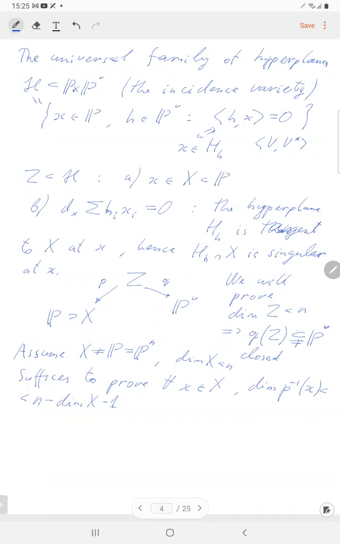Okay, because then by the general dimension theory, the dimension of Z will be at most this plus dimension of X, that is n minus 1. Okay, so we only have to estimate the dimension of the fiber. Now let's look at what the fiber is.